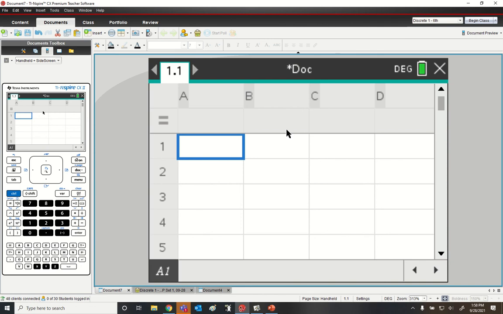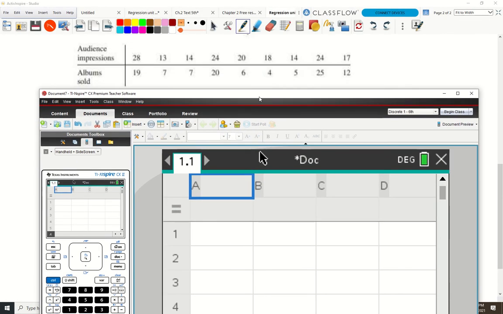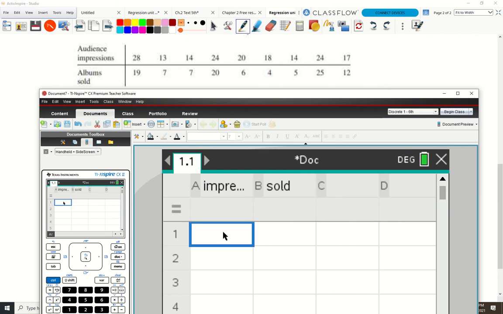Add lists and spreadsheets. This one's going to be impressions and sold. My impressions are going to be my X value, so I'm going to plug those in.